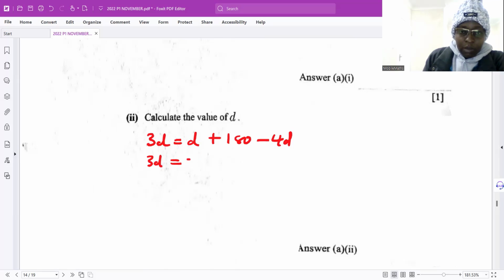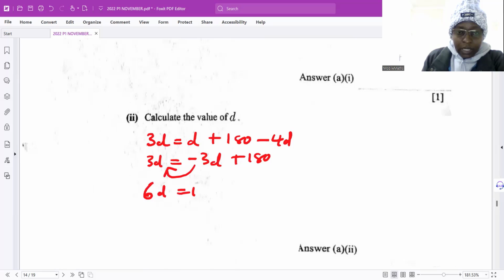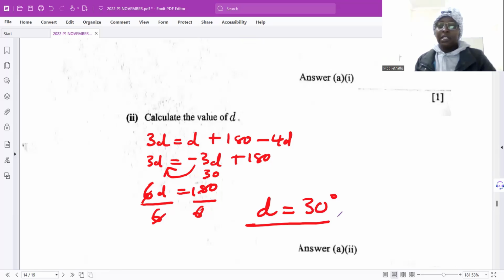So taking this one this side, I get 6D is equal to 180. We divide both sides by 6. So our D is equal to what? 6 into 18, that's 3. So it's 30 degrees. Okay, so our D value is 30 degrees.